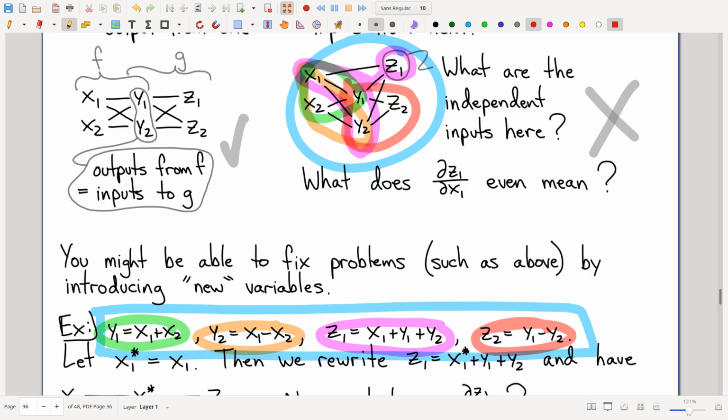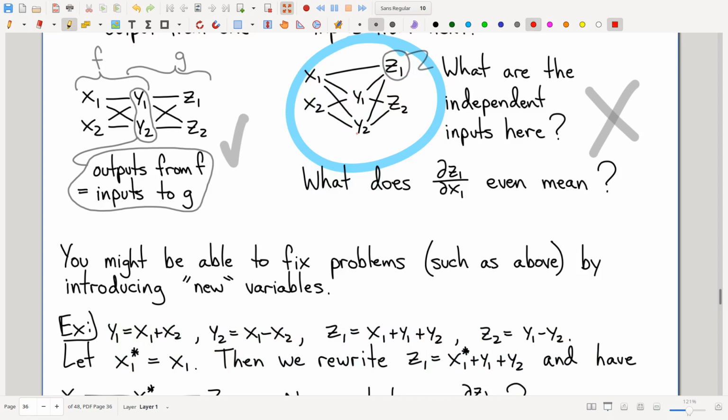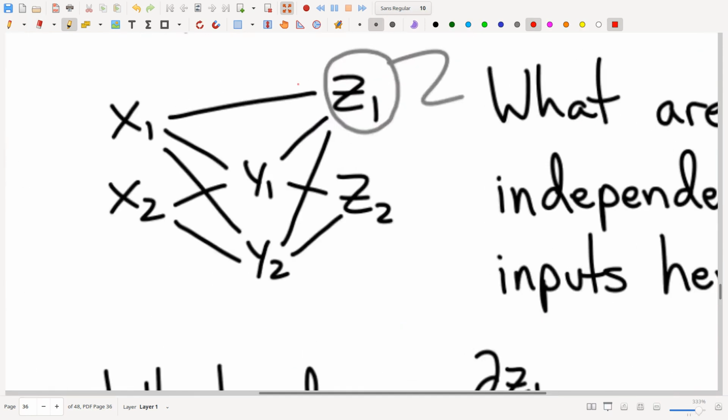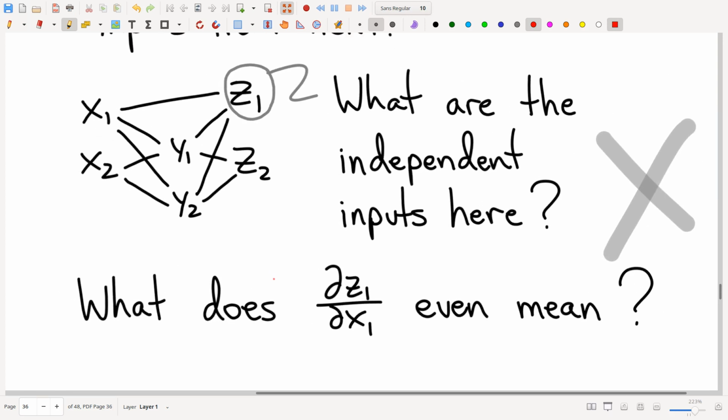Okay, so a diagram like this is perfectly plausible. This can come up. And now I'm going to ask a rhetorical question. How is it that this is a function of independent inputs? It comes to me, I've written it in my diagram as being a function of x1, y1, and y2. But what would it mean, for example, if I wanted to take the partial with respect to x1?